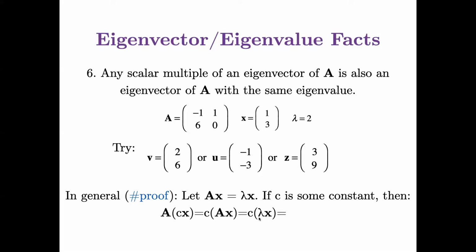And again, now lambda and c are both constants, and it does not matter in which way I multiply constants, so that would be the same as lambda times cx. So looking at the very left and the very right, I can see here that cx is also an eigenvector of A with the corresponding eigenvalue lambda.